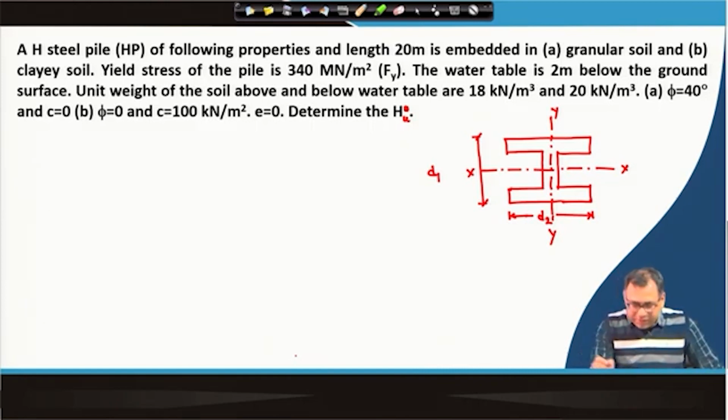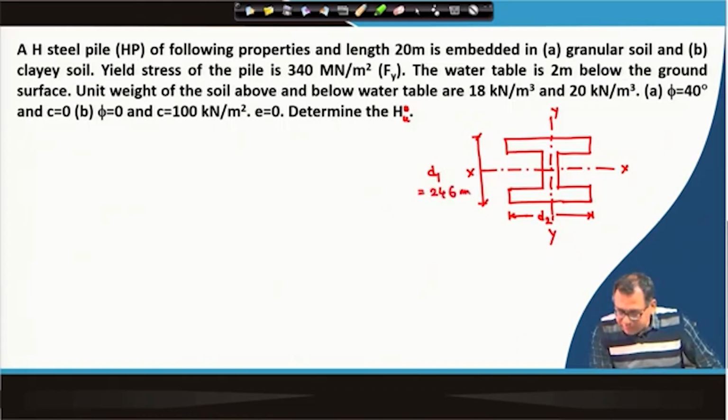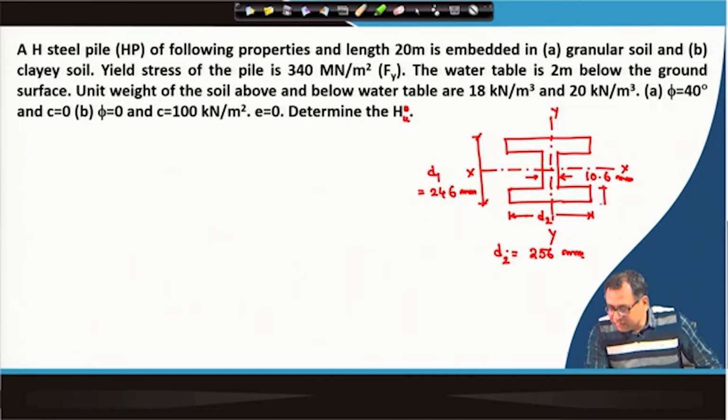For this particular section, the D1 value is equal to 246 millimeter and the D2 value is equal to 256 millimeter. The flange width is also given, so this is the width, that is 10.6 millimeter. This width is also given, 10.6 millimeter.